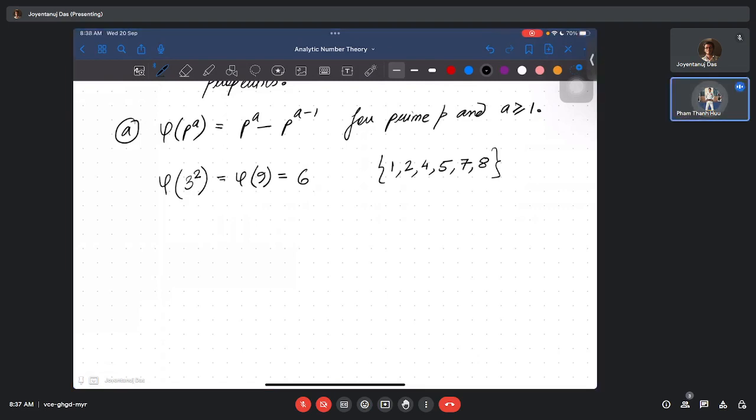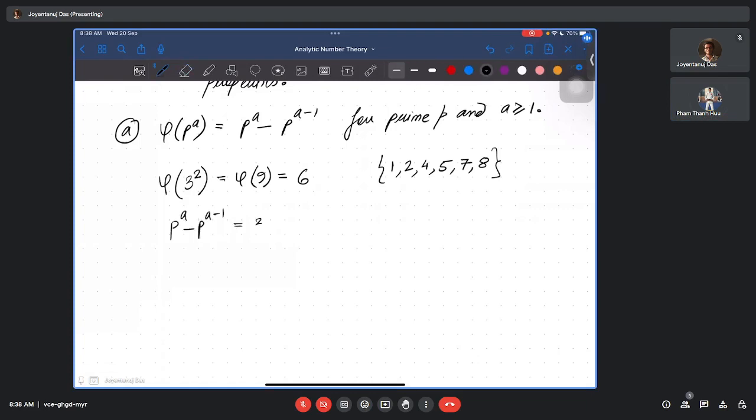So phi of 9 is 6, that is fine. And if I take this formula, p power a minus p power a minus 1, it is 3 square minus 3, right? So that is also 6.